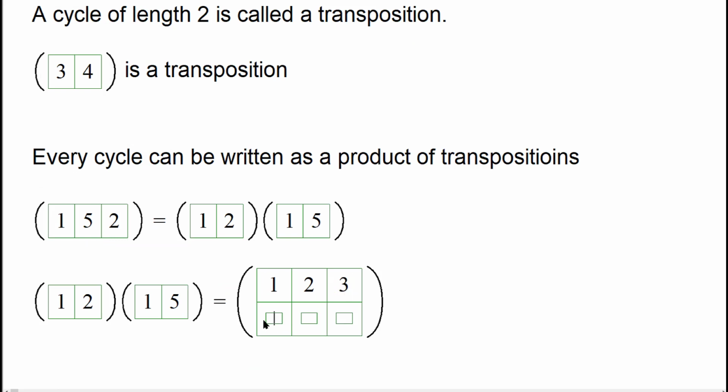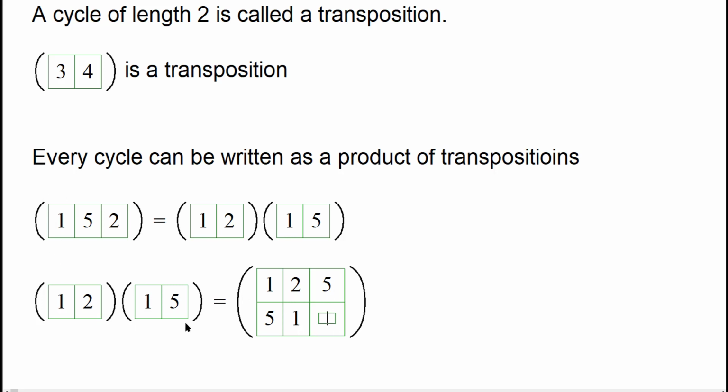So here 1 goes to 5 and 5 stays at 5. So that's 5. Now 2 goes to 2, and here 2 goes to 1. So we have a 1. 3 goes to 3. I don't know why I wrote a 3 here, because 3 goes to 3, so that would not be there. That should have been a 5. 3 and 4 are suppressed because in this particular cycle they don't move.